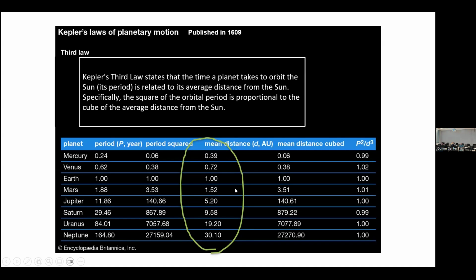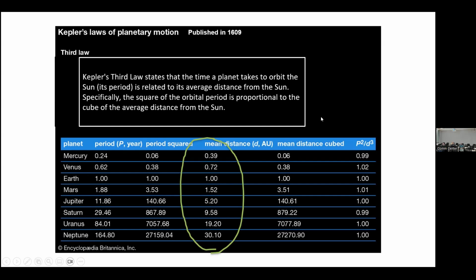If they knew the distance from Earth to Mars, then by playing around with the numbers, they could figure out the other distances, what the distances between the planets had to be. And I'm not going to try to do the math right now.